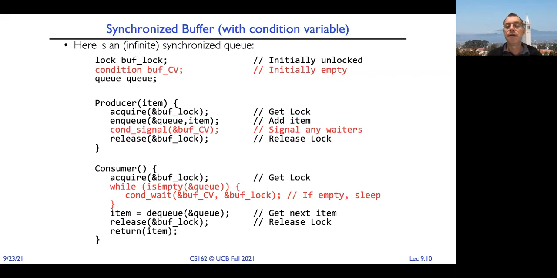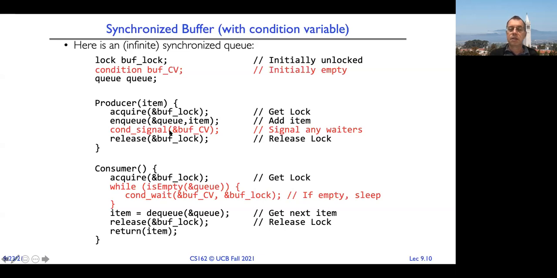So here it's an infinite synchronized queue. You have a producer and a consumer. It's infinite in the sense that the producer can put any number of items in the queue, right? So how do you do this? The producer acquires the lock and releases the lock, you have a buffer lock, and the consumer also acquires a lock and releases a lock, right?